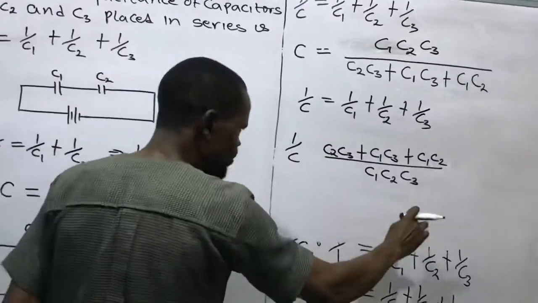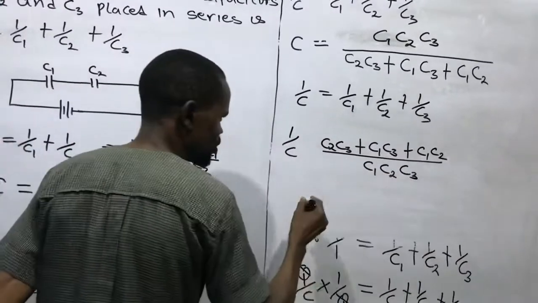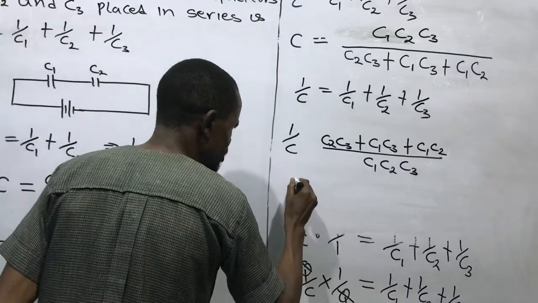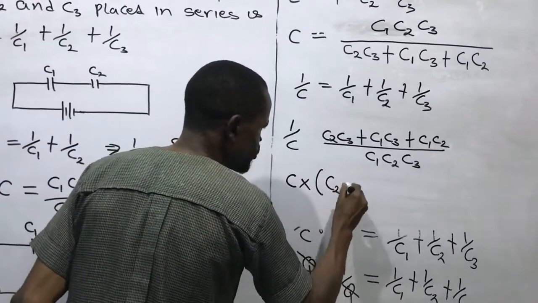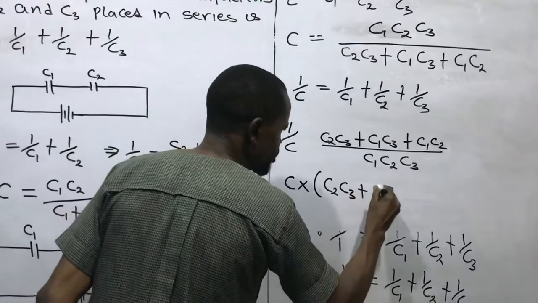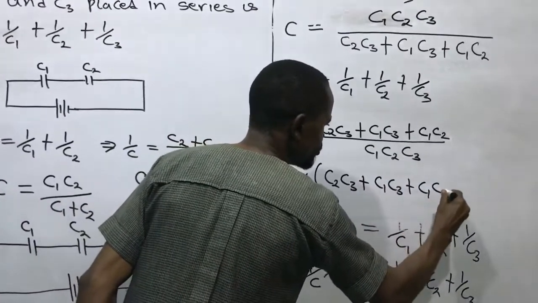Then cross multiplication, I will have C times C1 C2 C3 equals C2 C3 plus C1 C3 plus C1 C2.